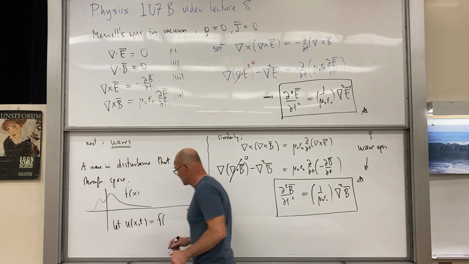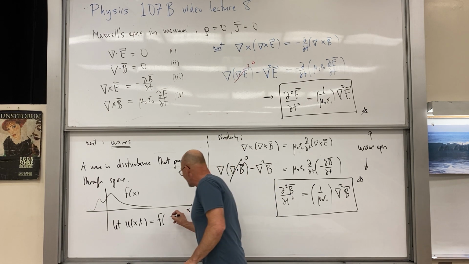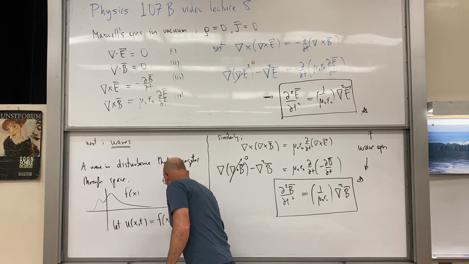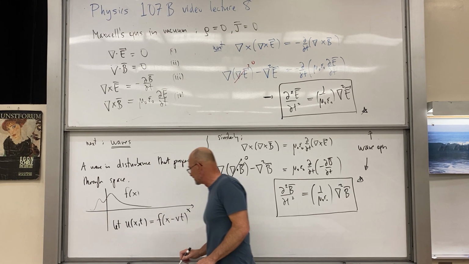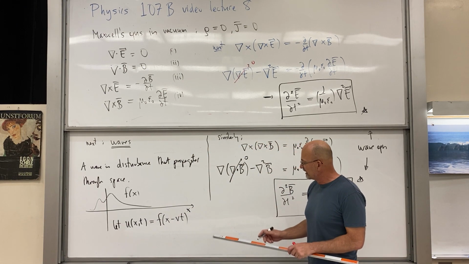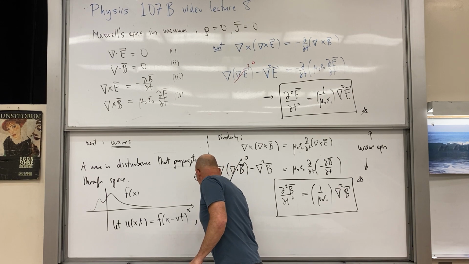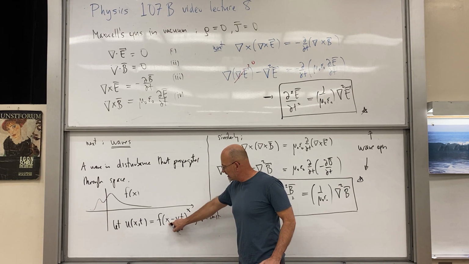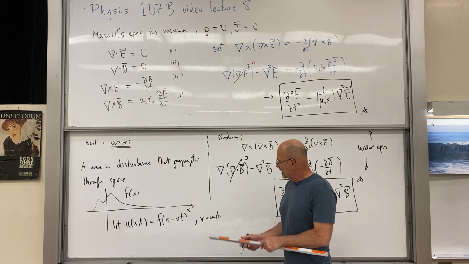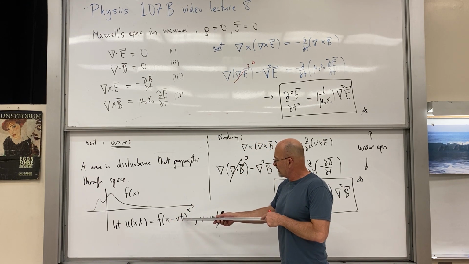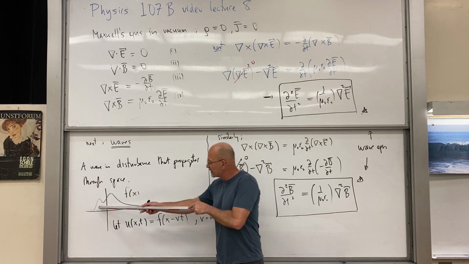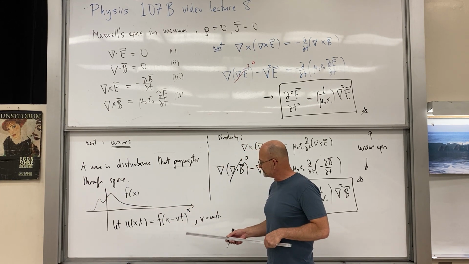Okay, u of x and t equals f of x minus v times t. We're just going to describe, v is a constant, t is the time, x is the position. So when t is equal to 0, we have this original distribution.